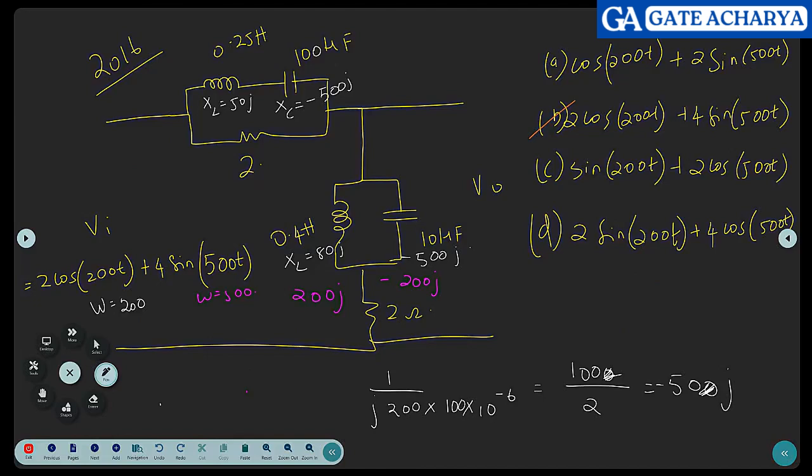For this frequency, this will become short circuit. For this frequency, this will become open circuit. So effectively, when this is short circuit, whatever comes just will flow. When this is open circuit, irrespective of this impedance, it will just flow. So the answer is option B.